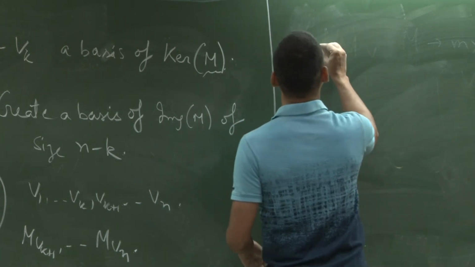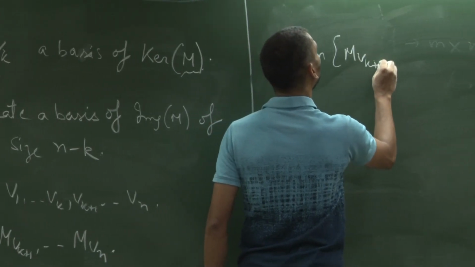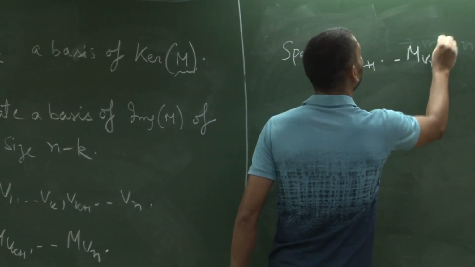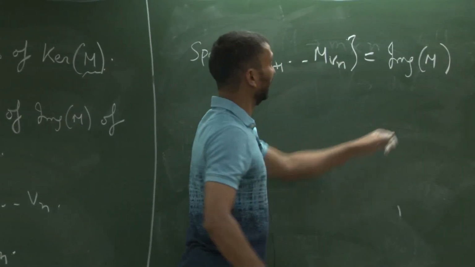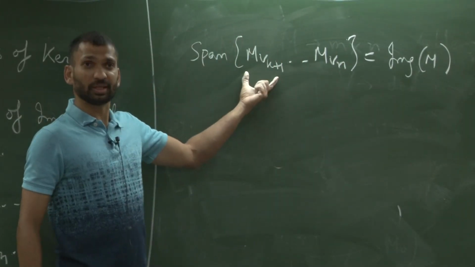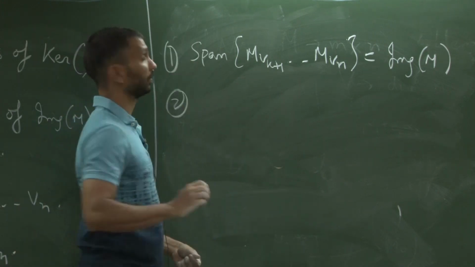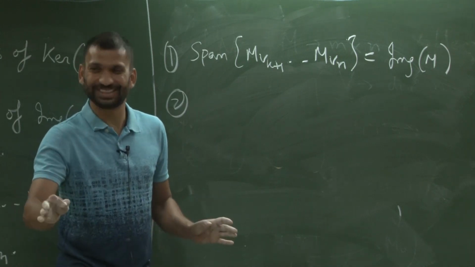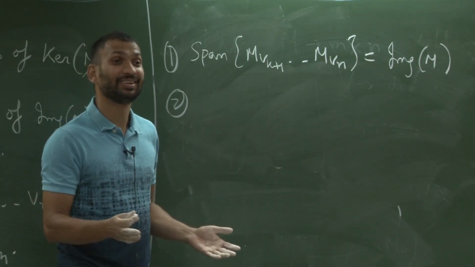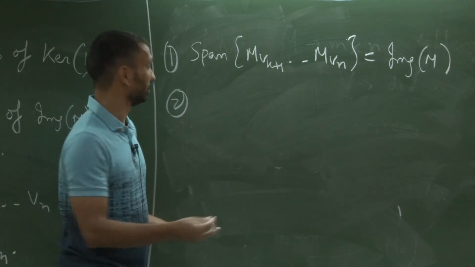Okay, good. So I have to show anything here can be generated using these vectors. What else? Wait. What else do I need to show for it to be a basis? Yes.